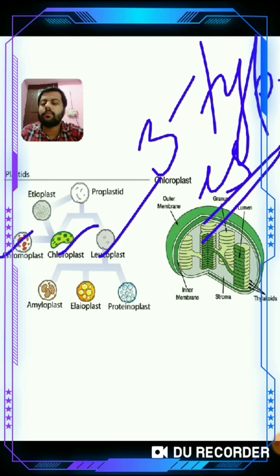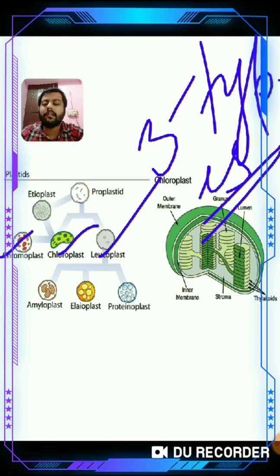First we have to clear what chloroplast is. The green color plastid is known as chloroplast, which helps in photosynthesis by trapping sunlight, because chloroplast contains chlorophyll, which helps in the trapping of sunlight. It helps in photosynthesis only.